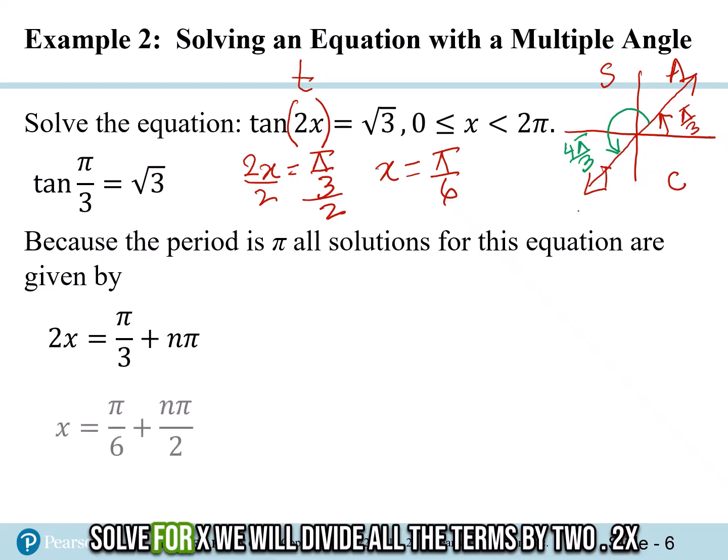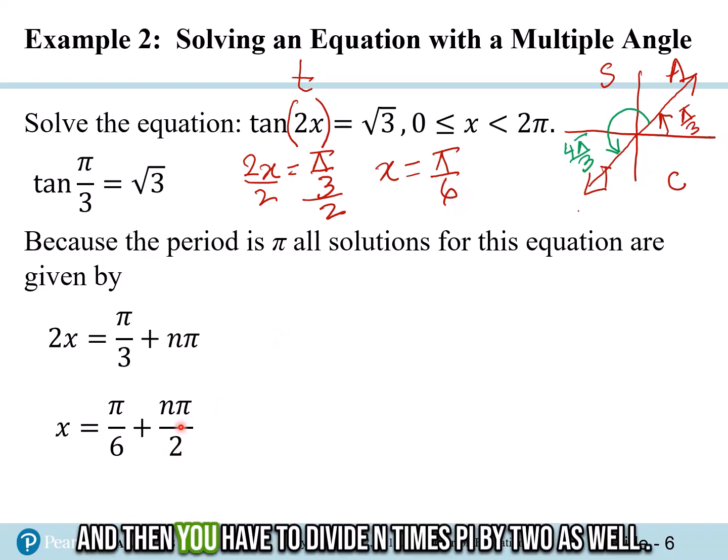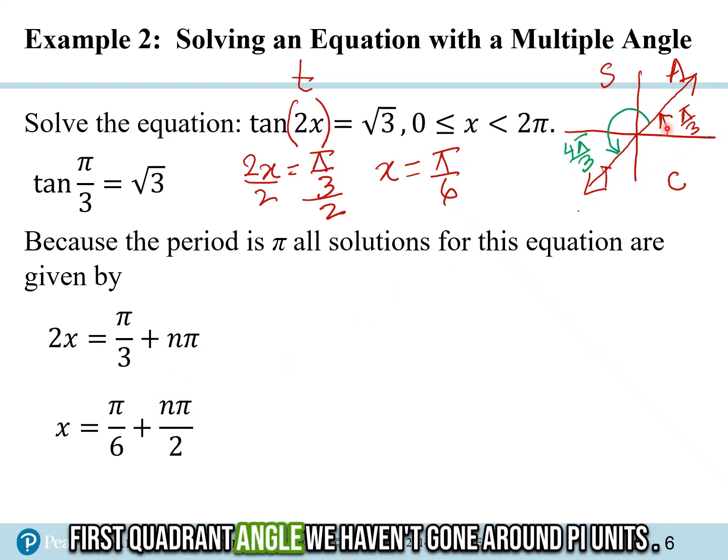So if we solve for x, we will divide all the terms by 2. 2x divided by 2 is x. Pi over 3 divided by 2 is pi over 6. And then you have to divide n times pi by 2 as well. So we'll end up with n times pi over 2. Right now, for the first quadrant angle, we haven't gone around pi units.